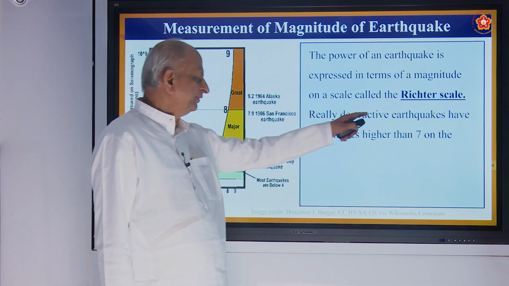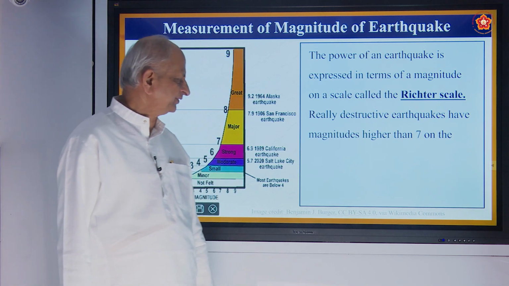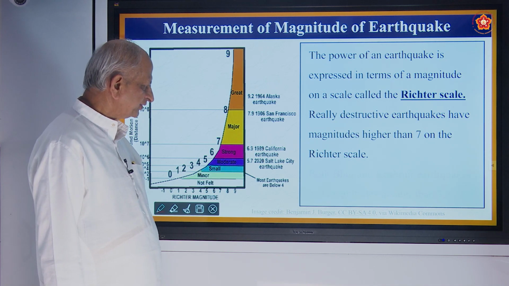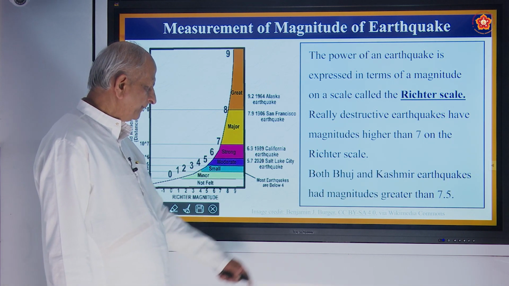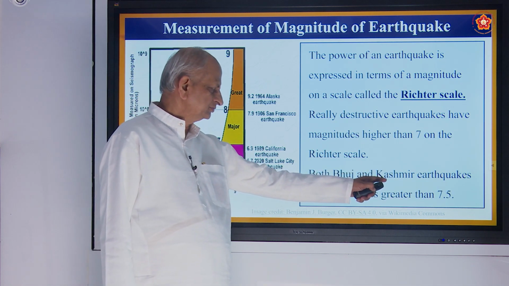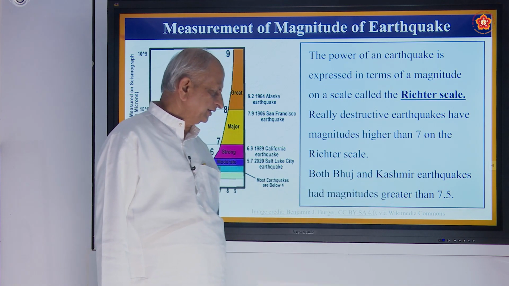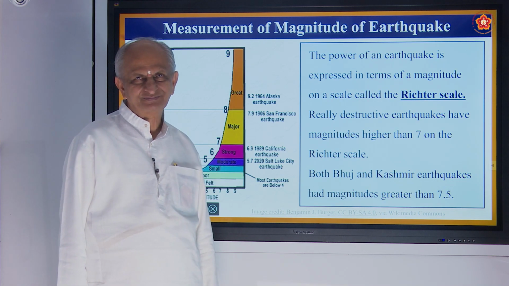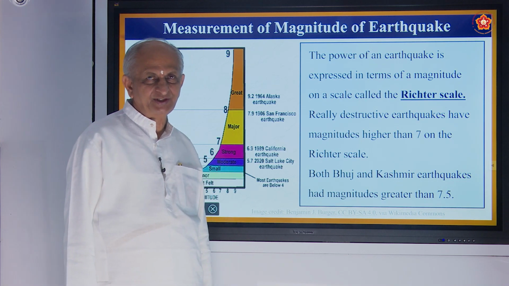So really destructive earthquakes have magnitudes higher than 7 on the Richter scale. For example, Bhuj, that is in Gujarat, and Kashmir earthquakes have magnitudes greater than 7.5. That is called the Richter scale.